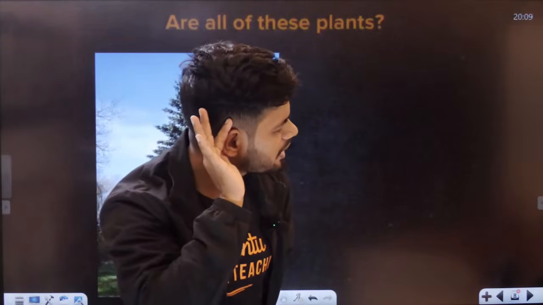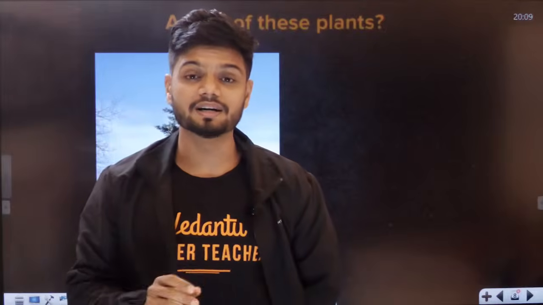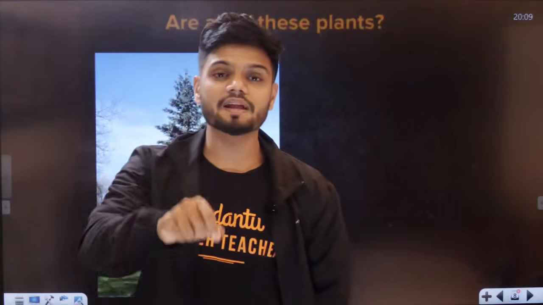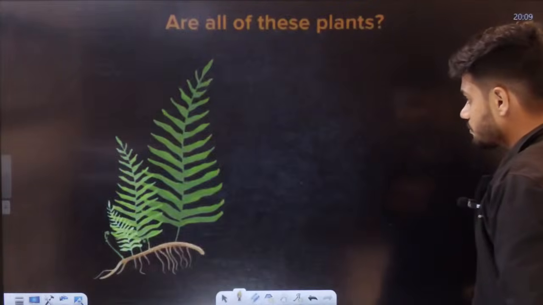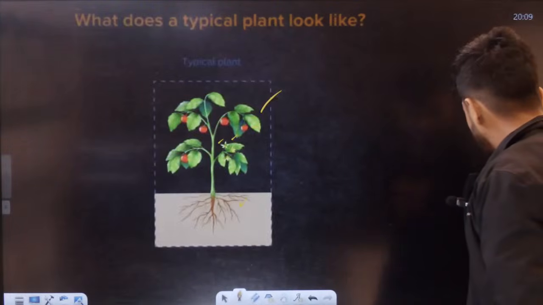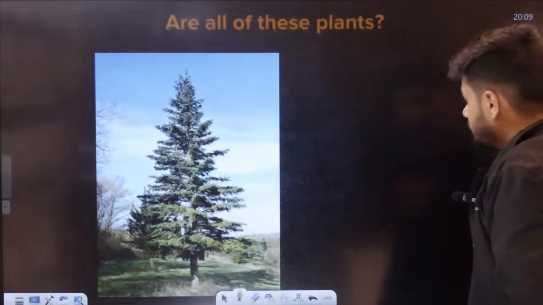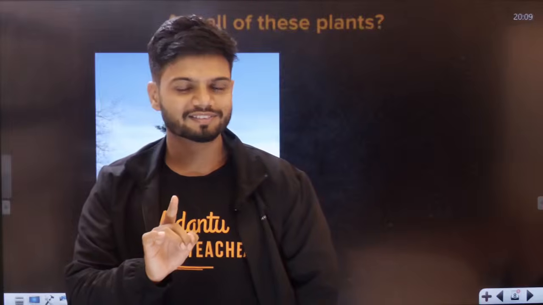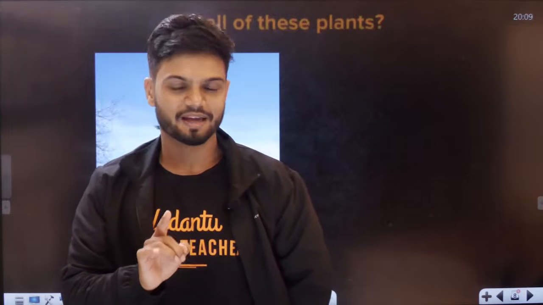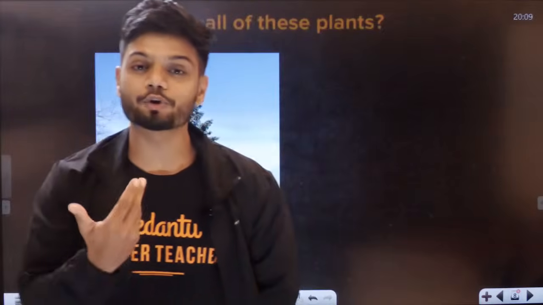Which color, all of you? It was the green color. Every single picture till now did have the green color in them. Now, if all of them have green color, it means that they can do a process where a plant prepares its own food, a process called photosynthesis.